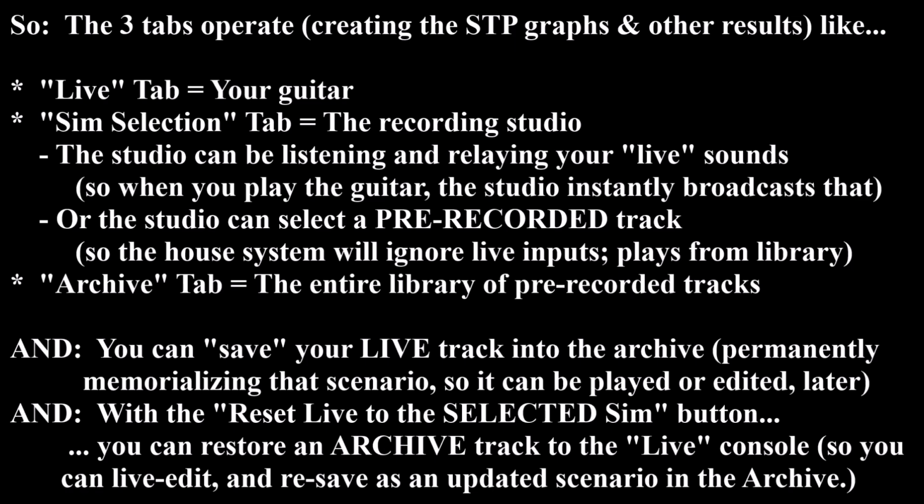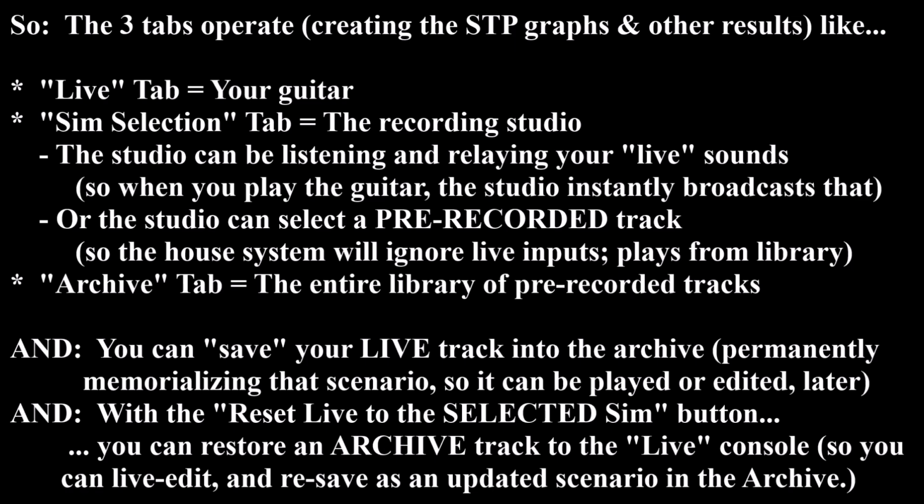So the way that would work is that if you are operating your live track and you get everything set up the way you like and the simulation is working properly and you want to make that a permanent track that you can refer to and play back, then you can go to the archive tab and you'll see in the live column that column of data can then be copied and pasted into a new track in the permanent recordings.